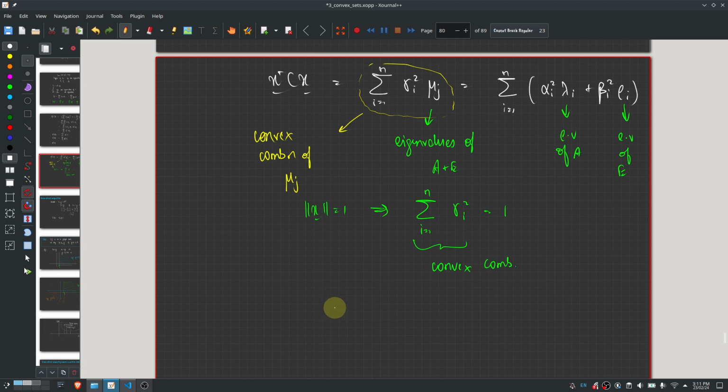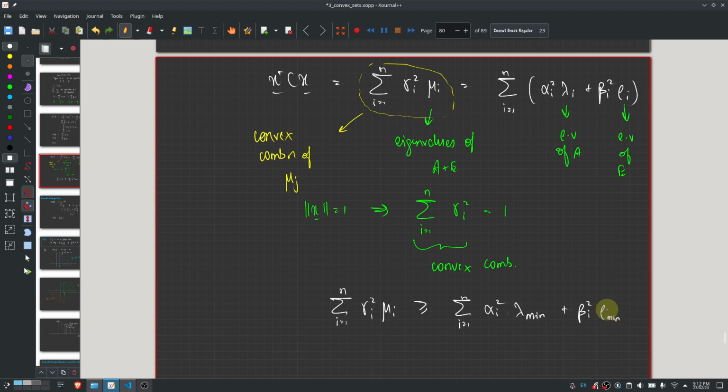Okay, I know that summation i equal to 1 to n gamma i square mu i, sorry, this should have been mu i, is greater than or equal to summation i equal to 1 to n alpha i square lambda min plus beta i square rho min.